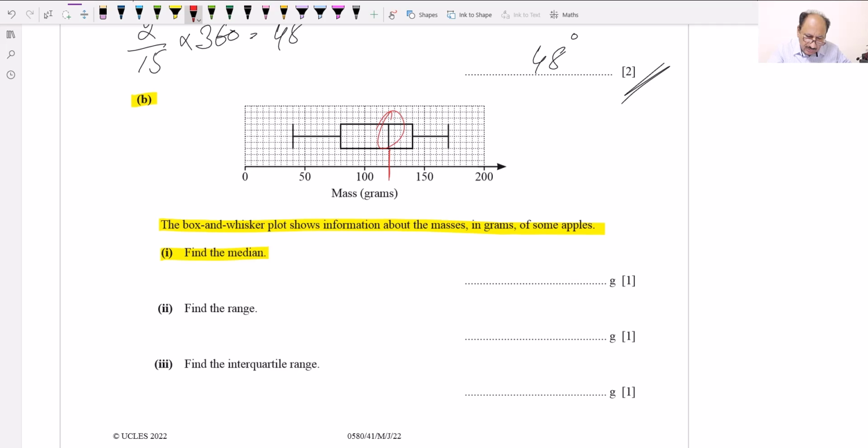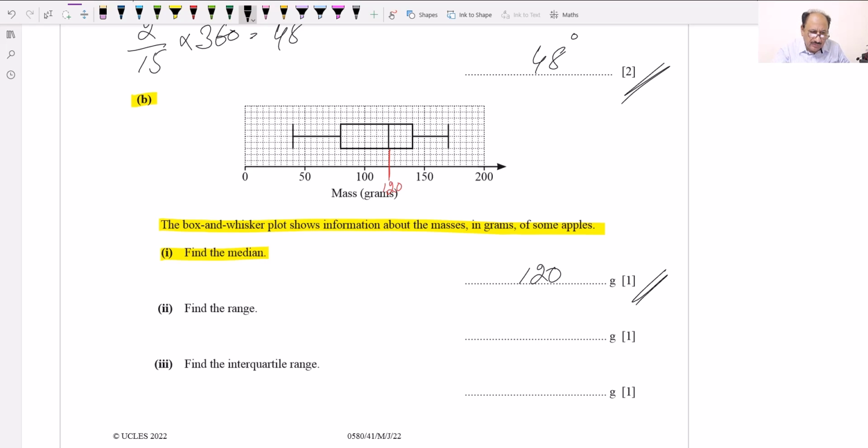If we check, this is 100 and this is 150, so we can take this one as 110 and this will be 120, so 120 will be the median, which we can write over here.